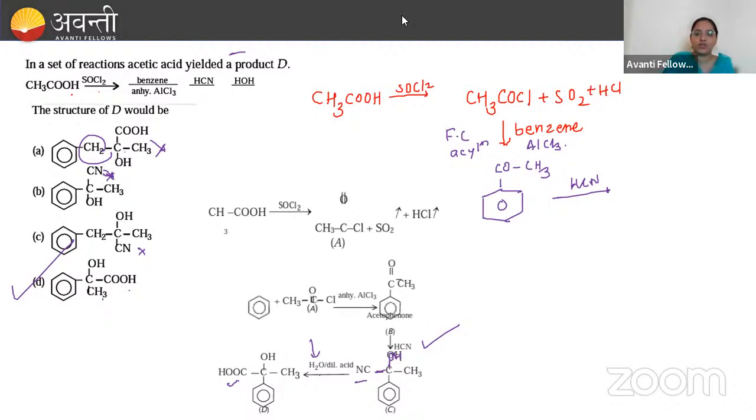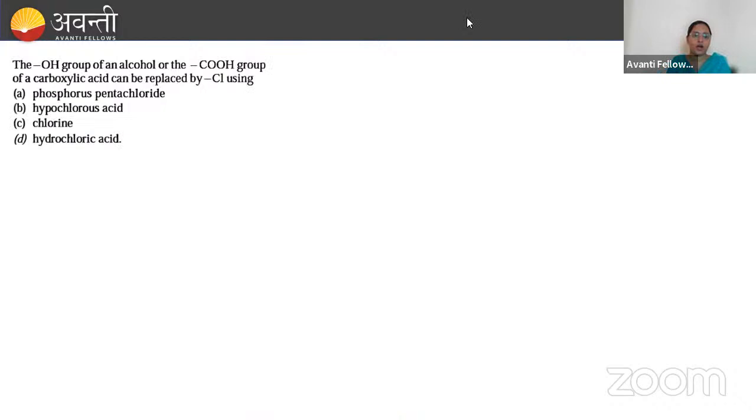Okay, so let's move on to the next problem. The OH group of an alcohol or the COOH group of a carboxylic acid can be replaced by Cl using which reagent: phosphorus pentachloride, hypochlorous acid, chlorine, or hydrochloric acid?